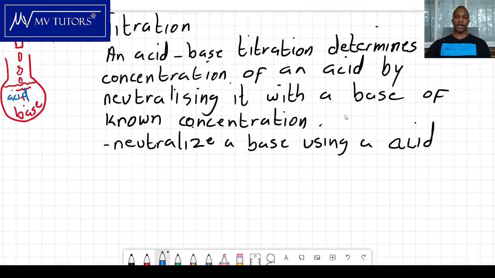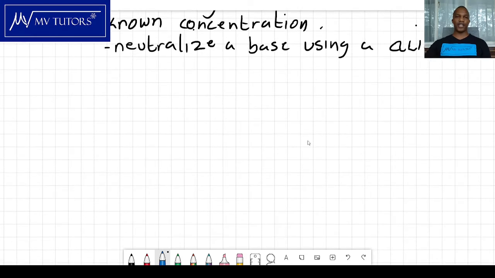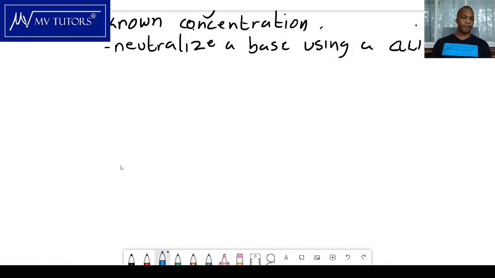Well, I just want to bring your attention as well, while we are here, to the basic formula that says a concentration is really number of moles over a volume. Okay, so also if you make n the subject of the formula, you get concentration times volume gives you n.